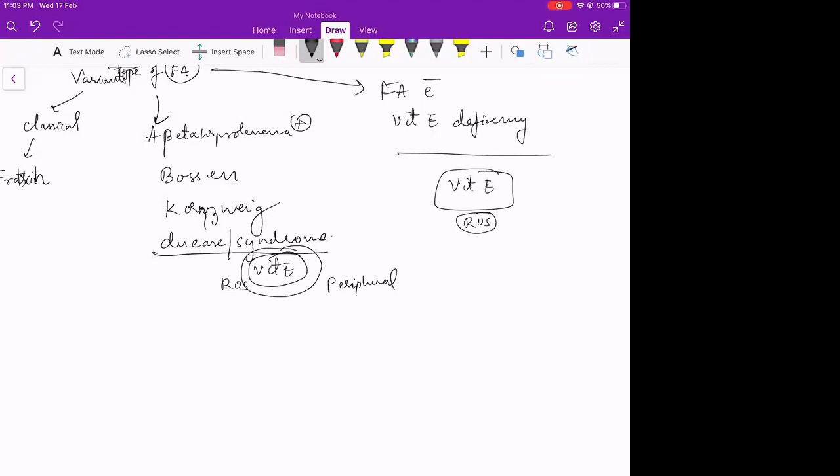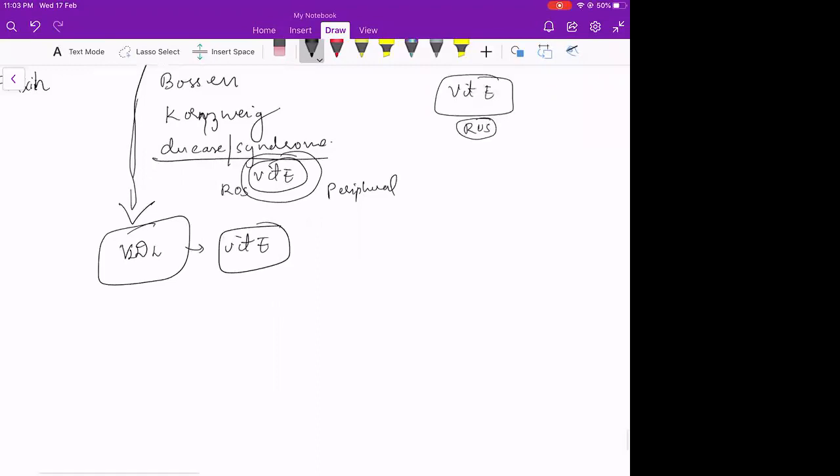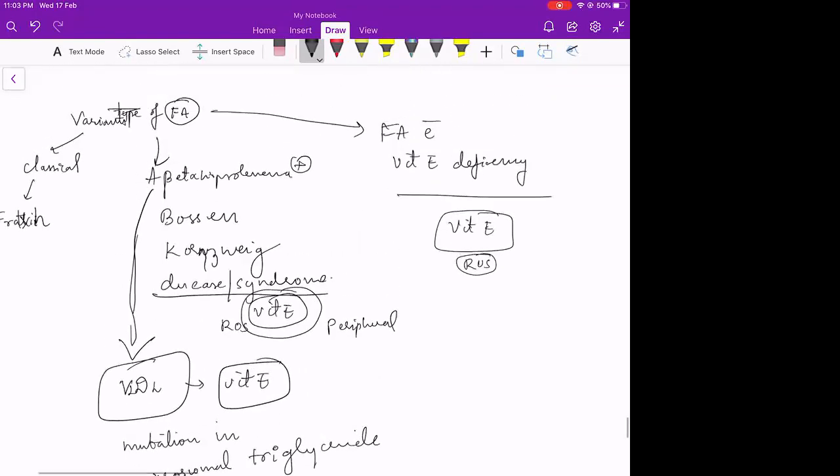In this abetalipoproteinemia type, the patient will not be able to produce proper VLDL, and VLDL carries the vitamin E. So a particular mutation in microsomal triglyceride transfer protein will lead to this kind of Friedreich's ataxia.